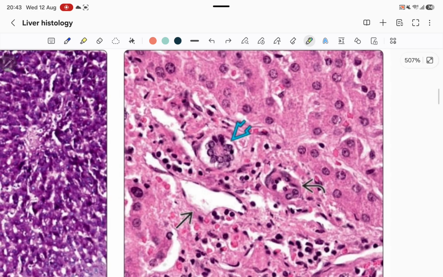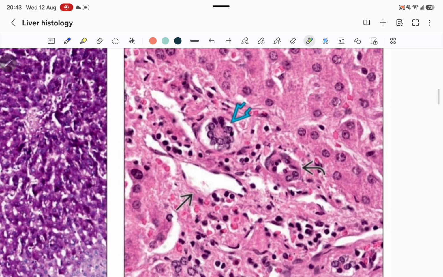What's really important here is to distinguish between veins, which are collapsed vessels, and arteries, which are lined by endothelial cells. I'm not really sure if this is an artery, because only this cell can convince me that it is endothelial, but the others do not convince me so much.